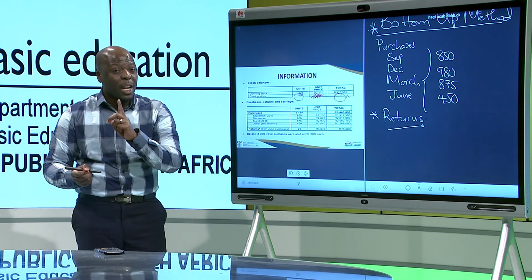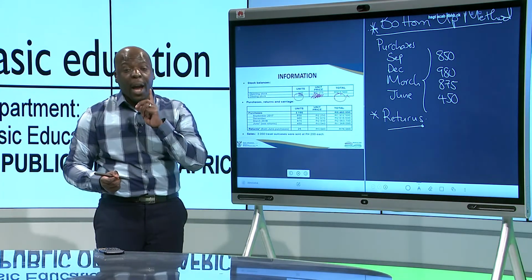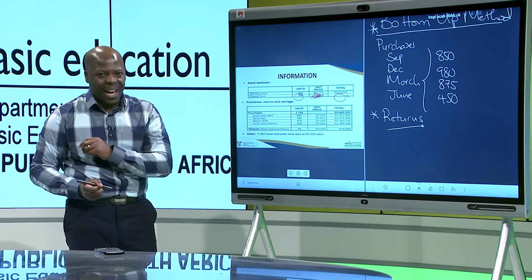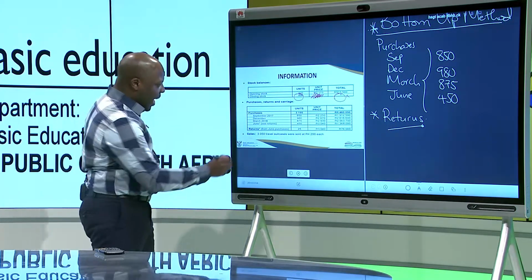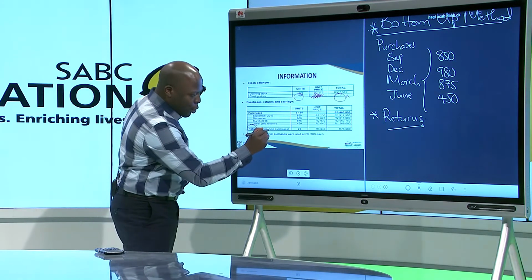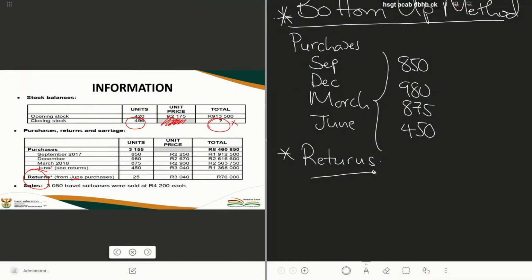So you need to be very cautious when you're dealing with your FIFO. You need to look for any units which would have been returned to the supplier. In this particular case, what is the examiner saying? Returns. Very important. They say in June, the purchases that we made in June, we have returned 25 units.